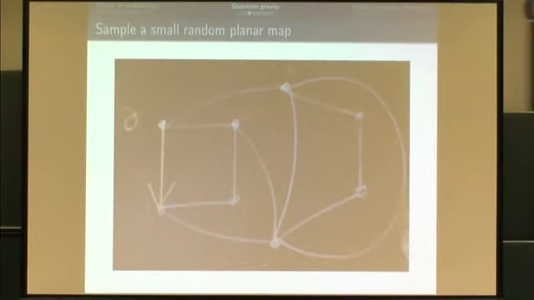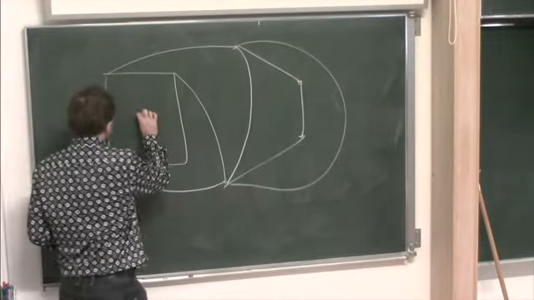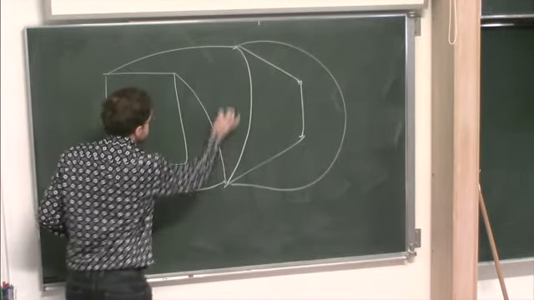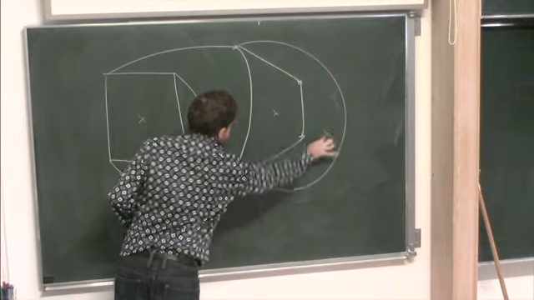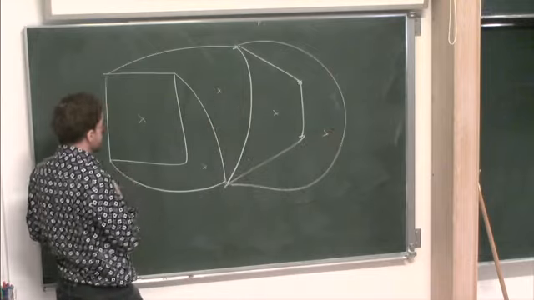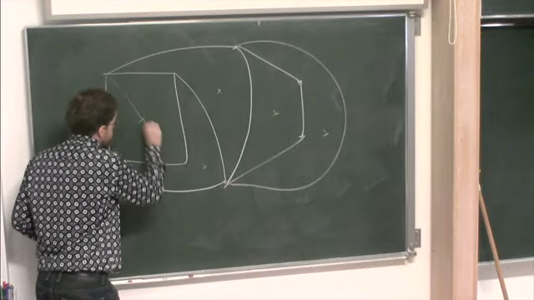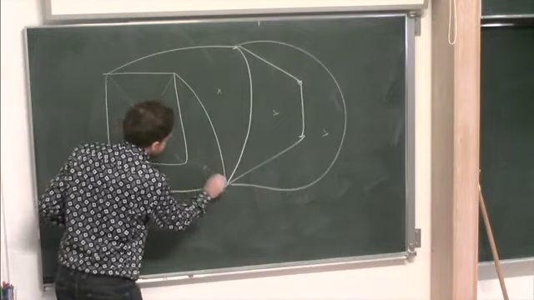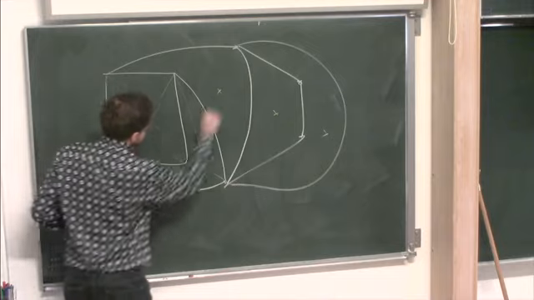We want to glue triangles, so it's good if we have triangles. So let's build triangles. One way to do it is we add vertices at the center of each square, including one at infinity, and we do something like that. Like this.